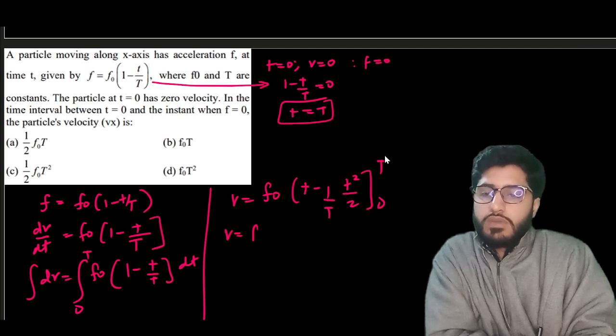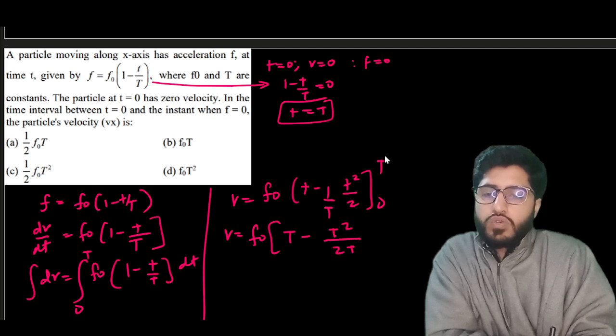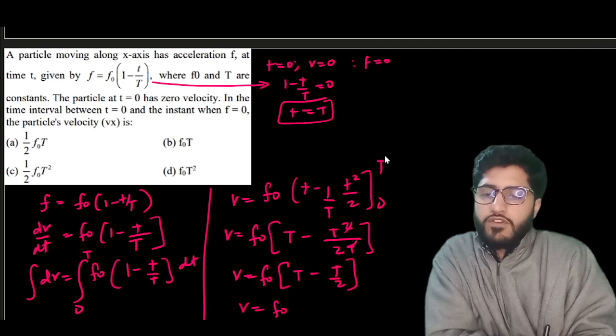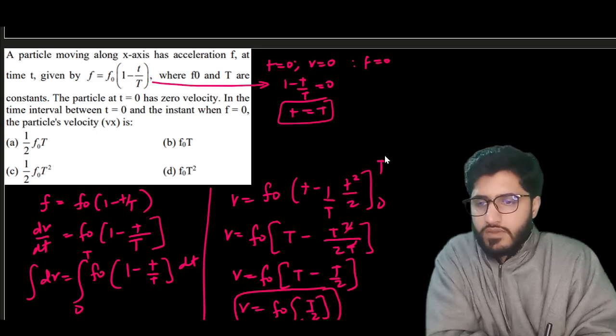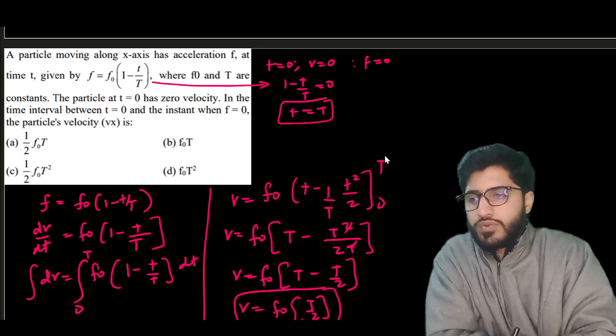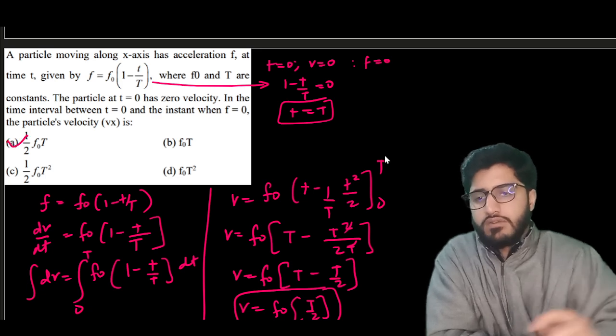So v came out to be f naught (T minus T square by 2T). Now I will cancel it out, so v equals f naught (T minus T by 2). So v equals f naught T by 2. This is my answer, f naught T by 2. Option number A is matching, so option A is correct.